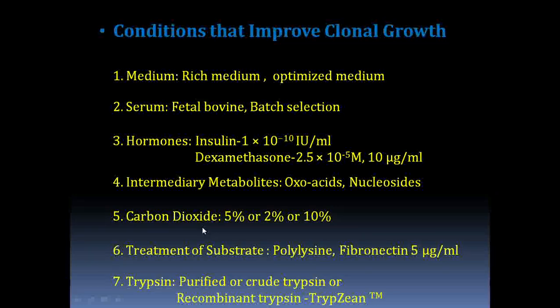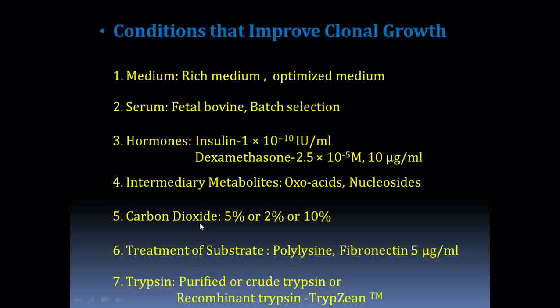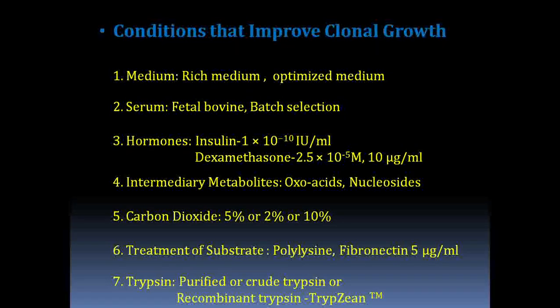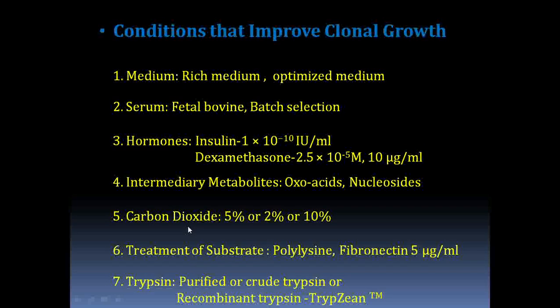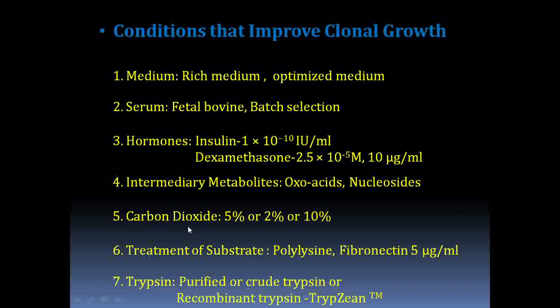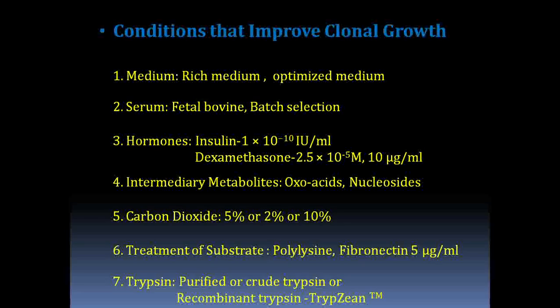The next is carbon dioxide. The way we require gas exchange of CO2, in the same manner we need to provide carbon dioxide for animal cell growth as well, right? Here it has the same role as in human beings, but here it is more specifically working to adjust, or acting as a buffering mechanism, to maintain the pH within the medium itself.